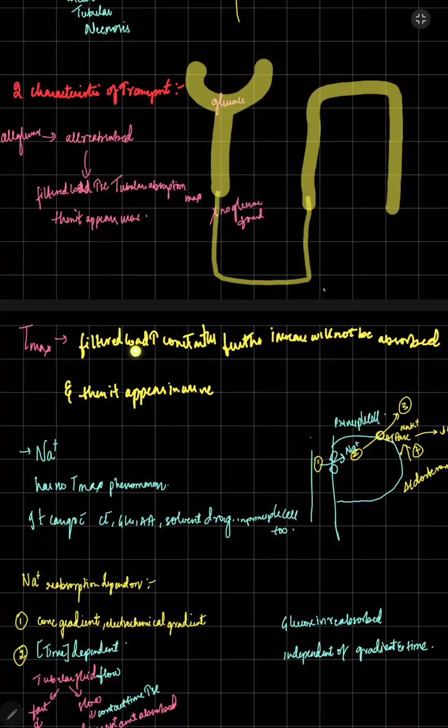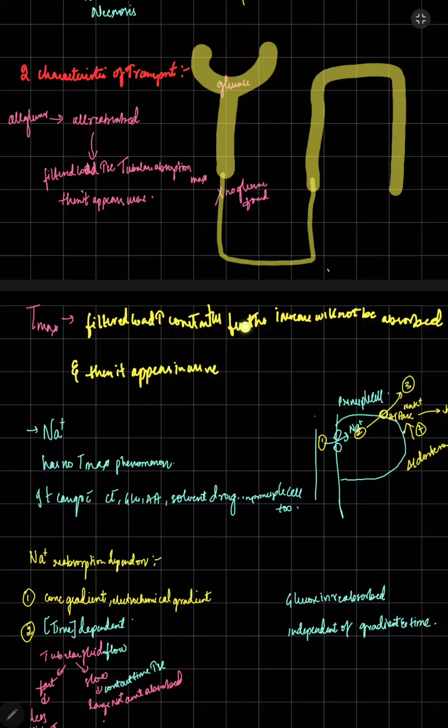So when filtered load increases constantly, further increase will not be absorbed, then it appears in urine. If filtered load increases constantly, it reaches a maximum point, which is around 300, that no nephron can absorb glucose completely even at their high potential, then glucose starts leaking into the urine.